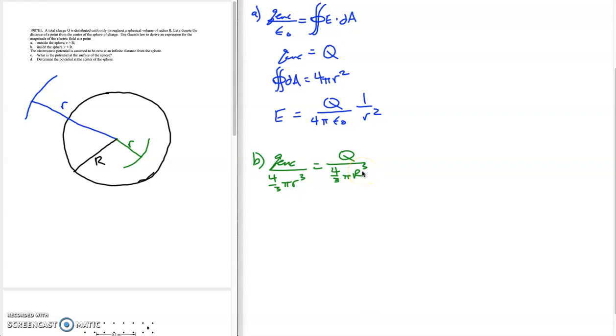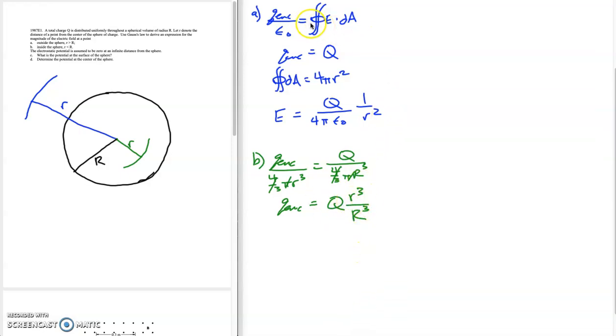And this is a lot like the 1989 problem, except this time it's a little bit easier because we don't have an extra point charge at the very center. This time we just have this charge spread throughout the volume. So our Q enclosed is now going to be the volume ratio. So the constants all cancel out and we end up with little r cubed over big R cubed.